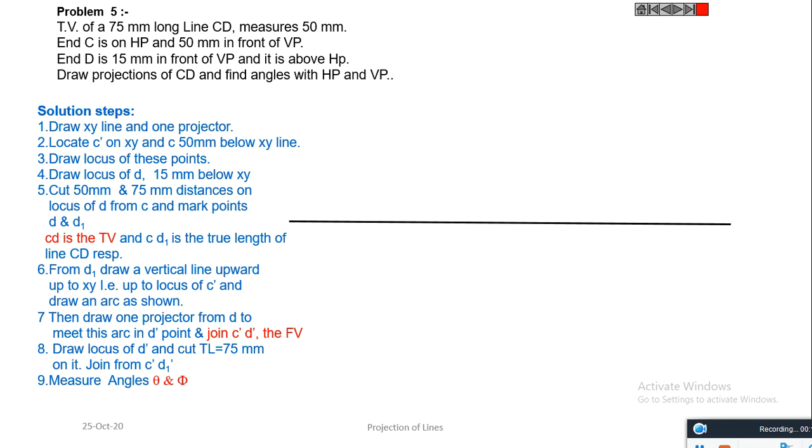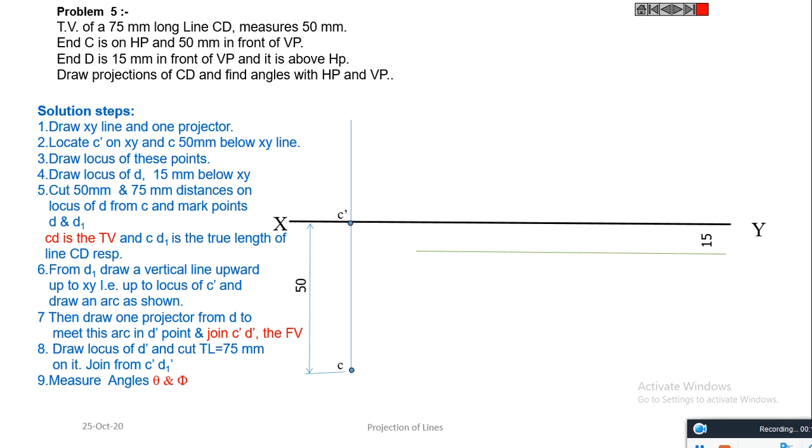This is the method. Draw the XY line and one projector. Locate C dash on XY and C a point 50 millimeter below XY line. Draw the locus of these points. Of course, XY line is the locus of C dash.